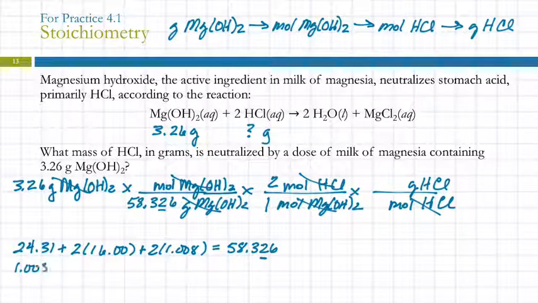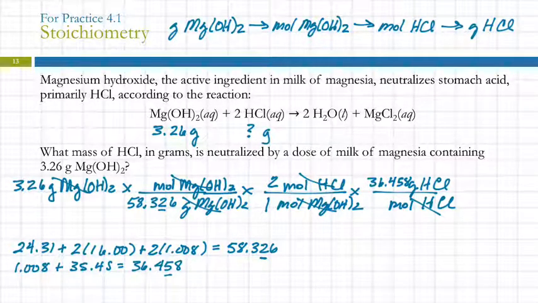HCl, 1 hydrogen, and 1 chlorine. 36.458. So 3.26 divided by 58.326 times 2 times 36.458. 4.07.